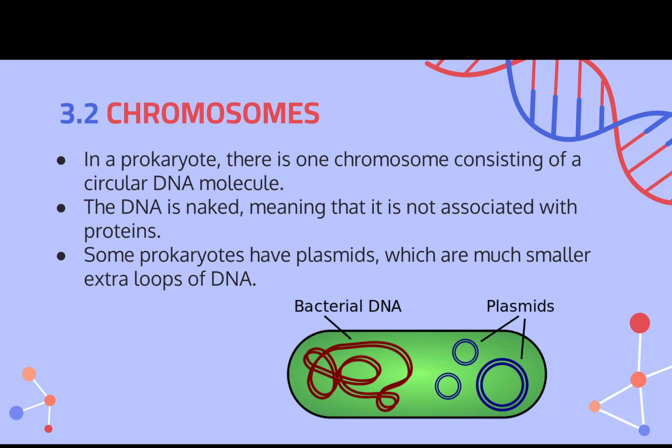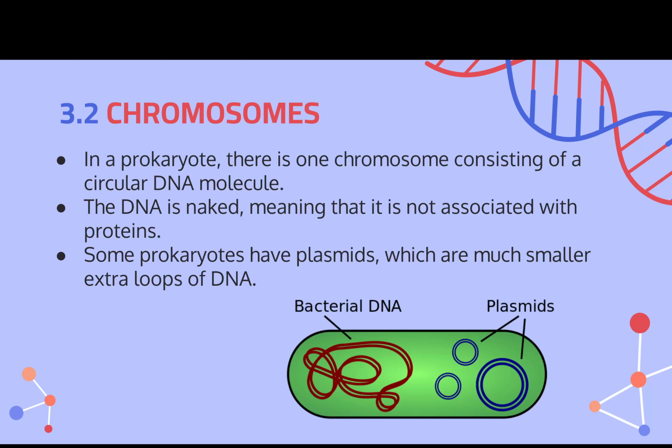Okay, 3.2 chromosomes. So in a prokaryote, there's one chromosome consisting of a circular DNA molecule. So in any prokaryote, it's a circular DNA molecule. It's not just a string of DNA.